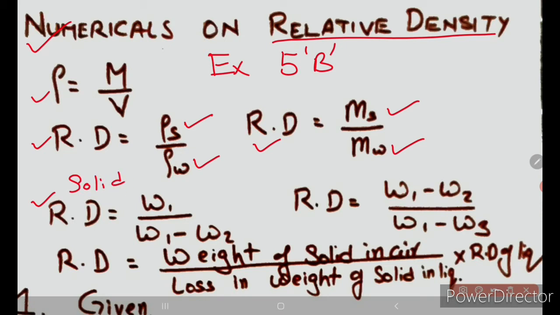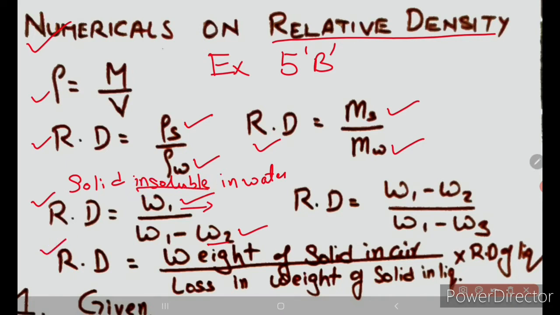So the relative density of a solid which is insoluble in water, will be equal to W1 upon W1 minus W2, where W1 is the weight of the solid in air, whereas W2 is the weight of the solid when fully immersed in water.